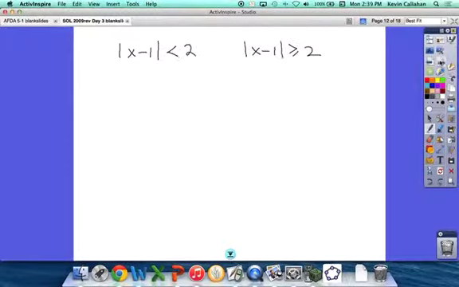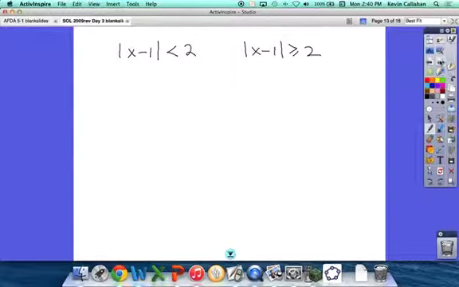So let's remind ourselves, how do we do this? What's the first step to solve an absolute value equation or inequality? Isolate, right? But these, it's already done. So you don't have to do anything to isolate these absolute values. How do you rewrite this absolute value without the absolute value symbols, right? How do you break it down?